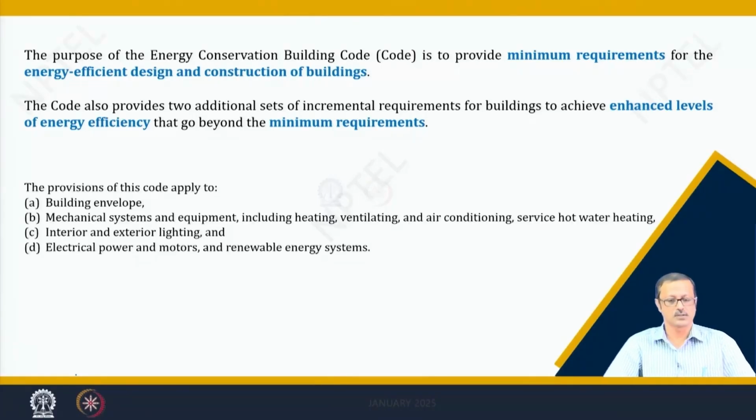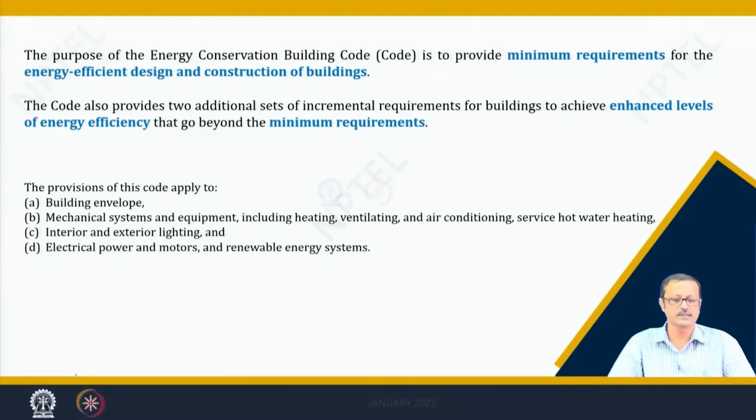This code, or these provisions, are applied to the building envelope, because we have been discussing the building envelope for the last 3 weeks: it is the envelope that interacts with the outside environment. The heat gain or heat loss happens through the envelope.